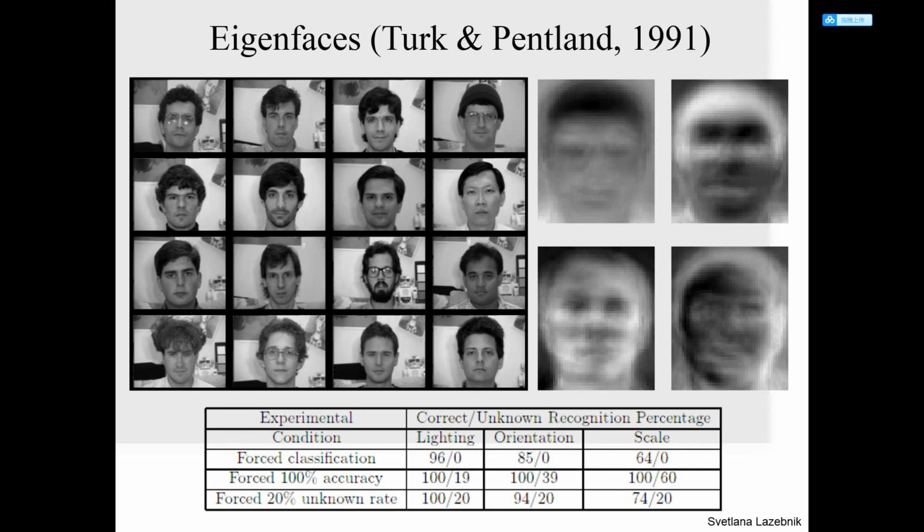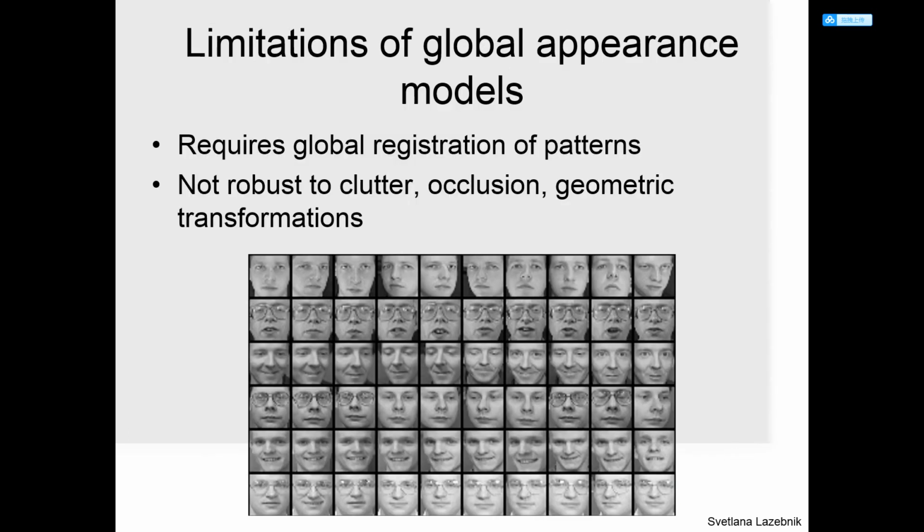The problem is that after you match, the first thing you need to do is locate that face very precisely. So it's not sufficient to start with an image and try to recognize right away. You need to have a very good registration, and that means you just defer the problem. You still need to first detect the face before you can recognize it easily.